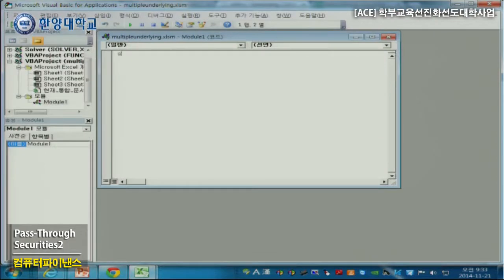Okay, so what should be the name of the multi-asset, okay, whatever. I mean, name doesn't matter. So, what should be the first line?